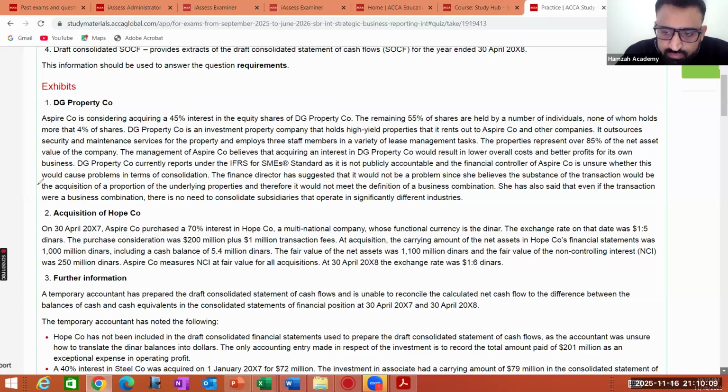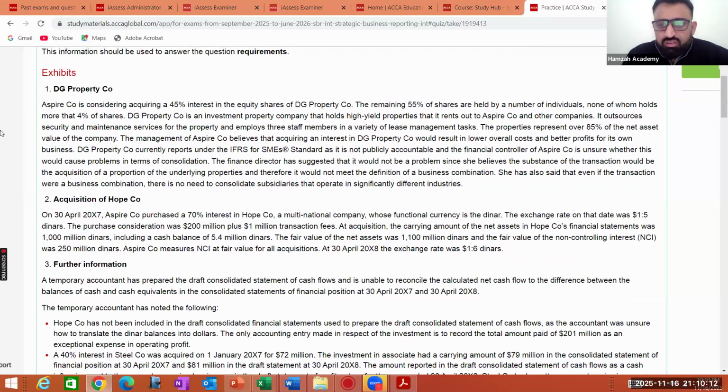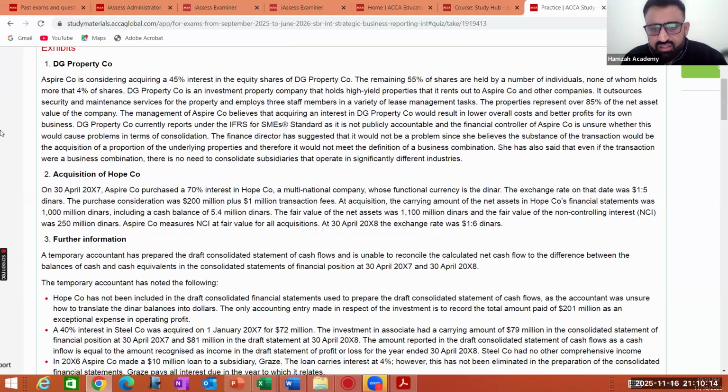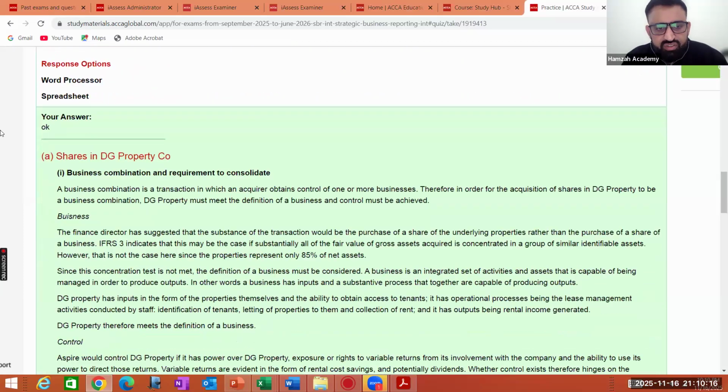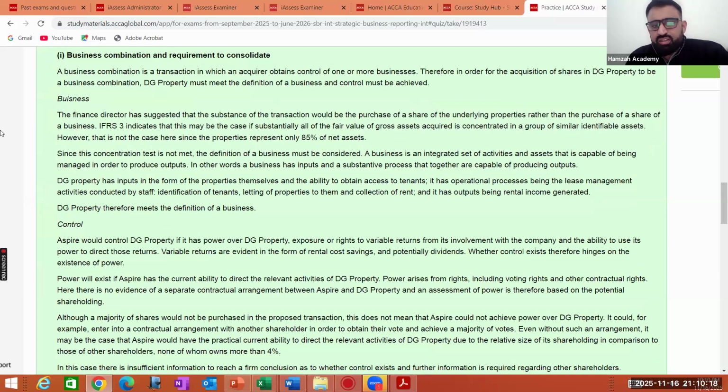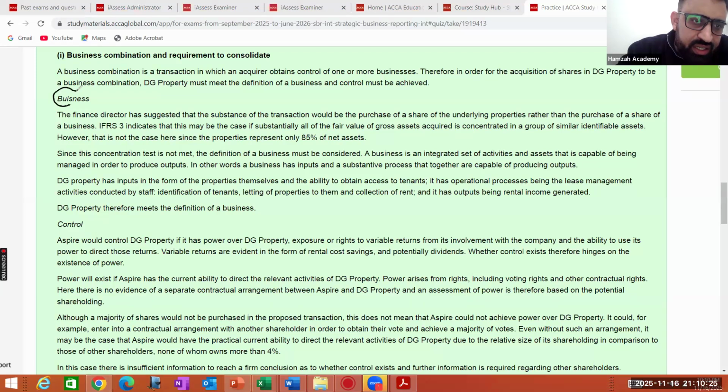So first of all, we need to establish whether we have acquired a business or not. Now, look at here. First of all, we need to clear what is a business. According to the finance director, the substance of the transaction would be the purchase of the share of underlying properties rather than the purchase of the share of the business.